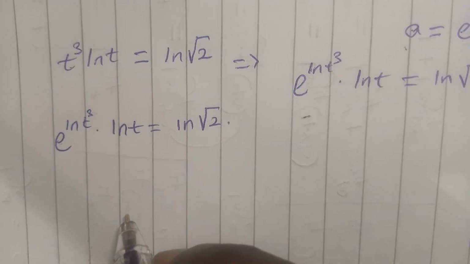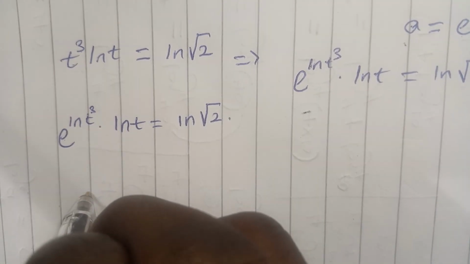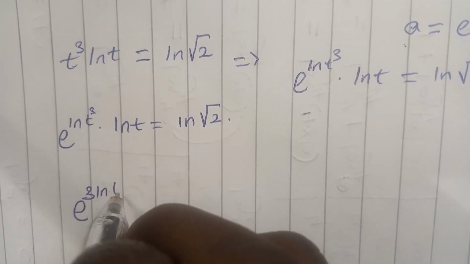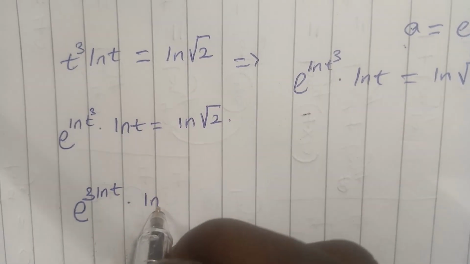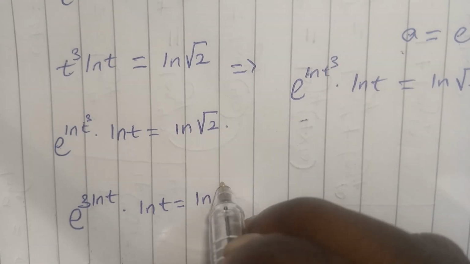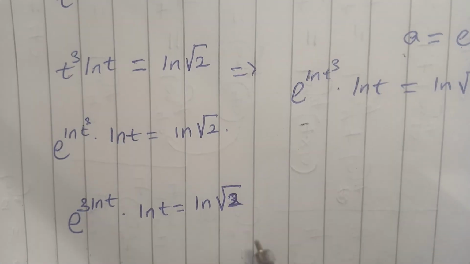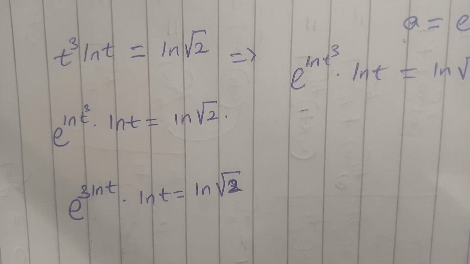So we are now going to have exponent of 3 ln of t times ln of t is equal to ln root 2. So this is what we are now having.